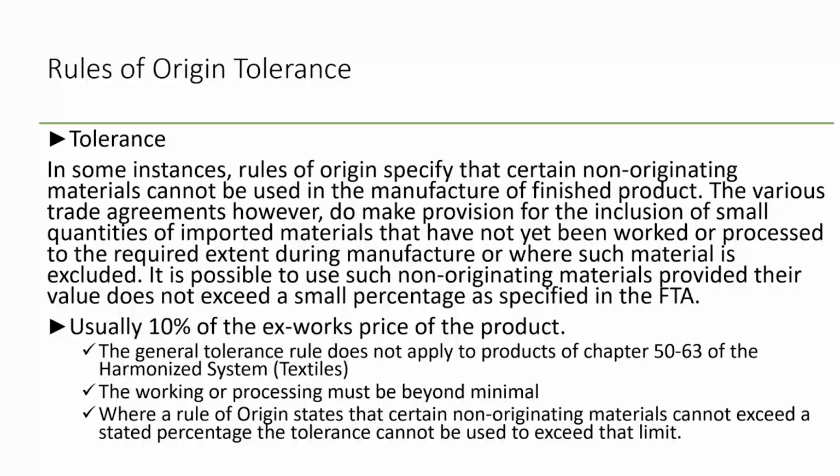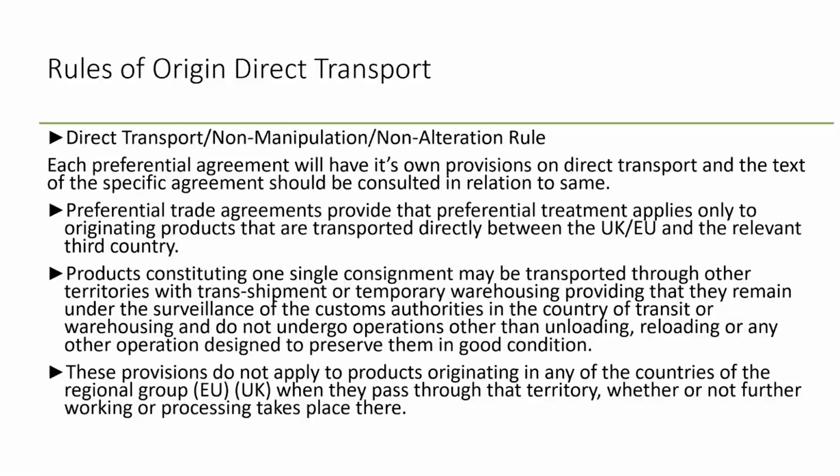However, a lot of trade agreements will give you a bandwidth. They'll give you maybe 10% to play with, depending on the trade agreement. Perhaps some of the sugar that goes into the cheese could be non-originating, right? So sometimes there's some bandwidth, and that's called tolerance. Direct transport, non-manipulation, non-alteration rule.